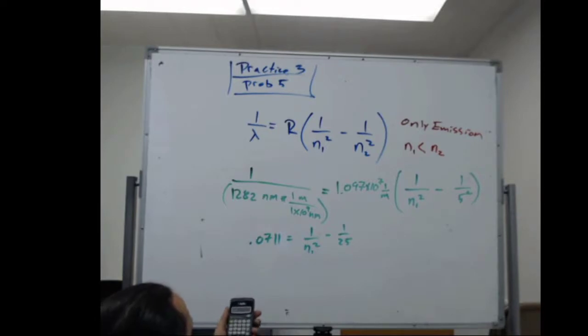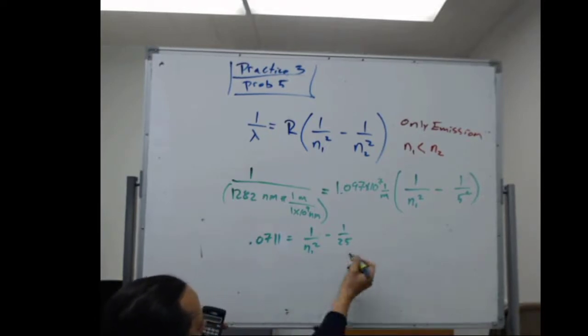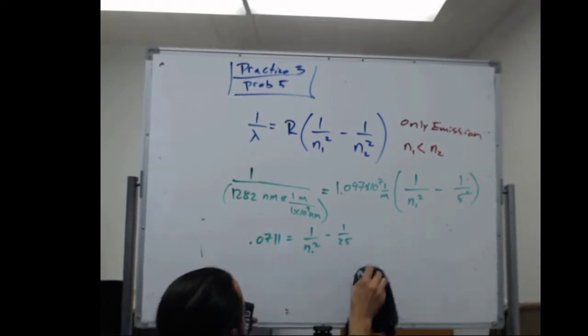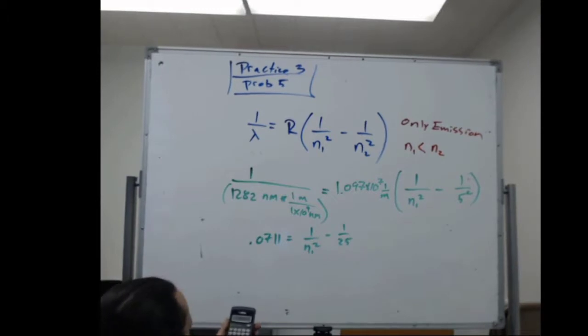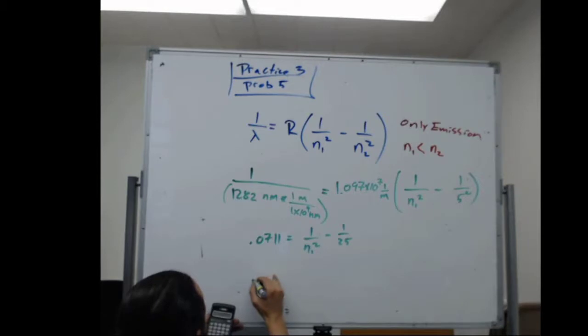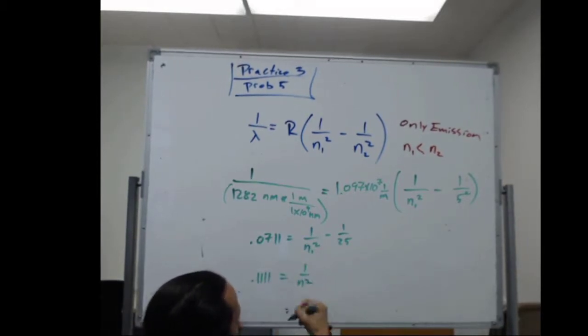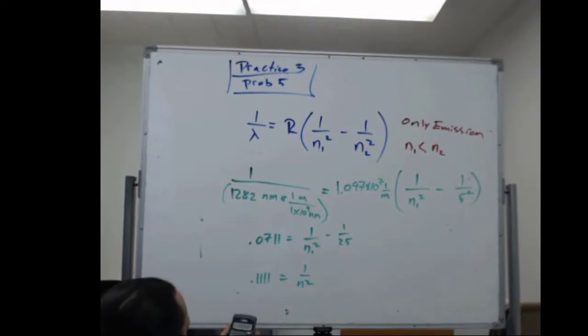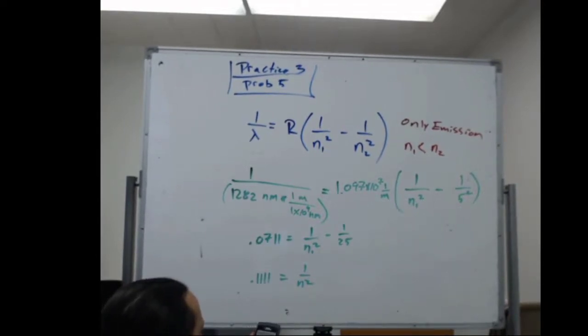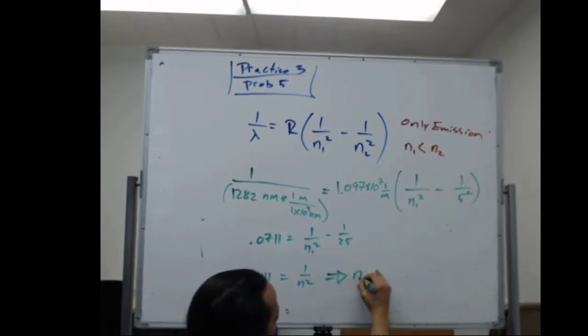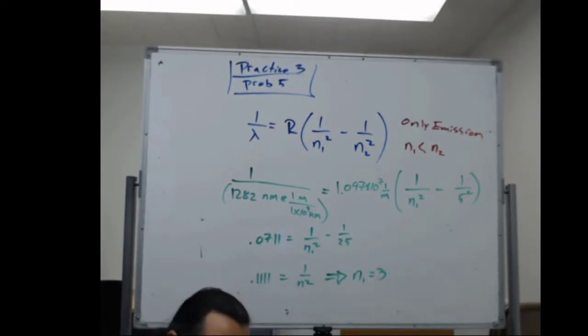I'm going to bring the negative over, so let's just add plus 1 divided by 25. It gives us 0.1111 is equal to 1 over n squared. So we'll inverse and take the square root. And n1 is equal to 3.